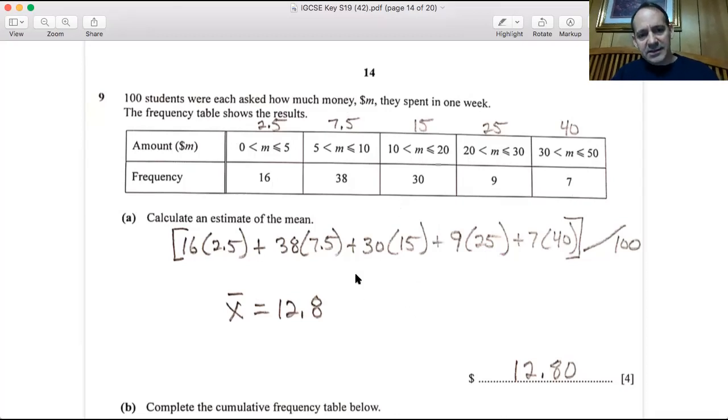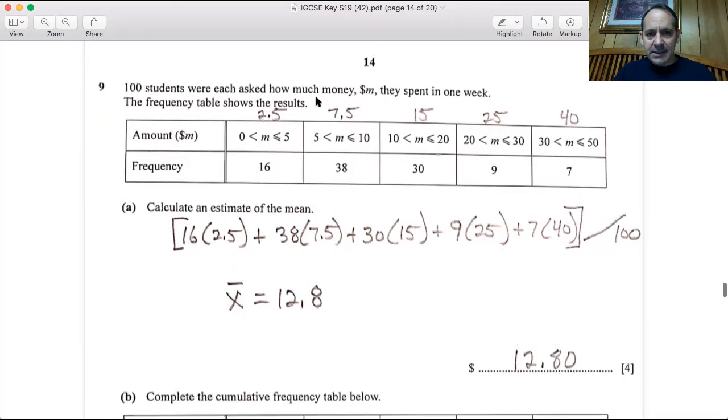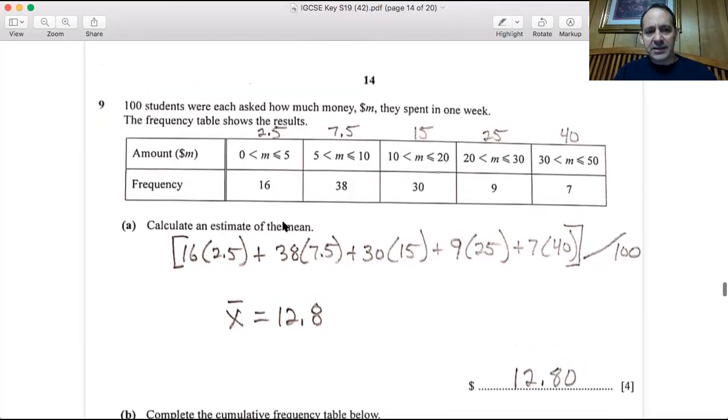Now calculate the estimate of the mean. When you're doing mean on a grouped data table, here's these groupings or boundaries, class boundaries, you find the mid class. So all of these numbers up here are the middle of the class or the middle of the boundary. And so you take the frequency times the mid class value when you are calculating mean.